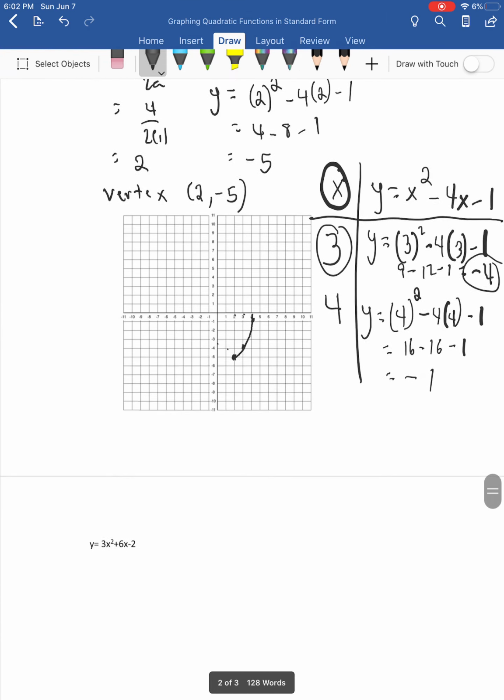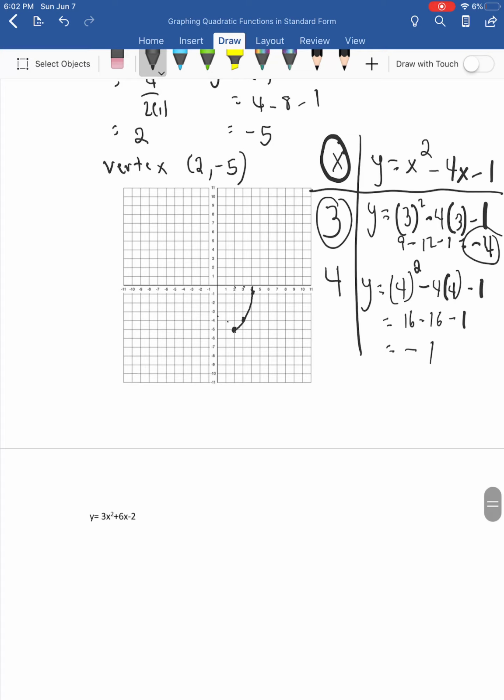We know that one right of the vertex is at negative 4, so one left of the vertex also has to be at negative 4. 2 right of the vertex is at negative 1, so 2 left of the vertex also has to be negative 1.